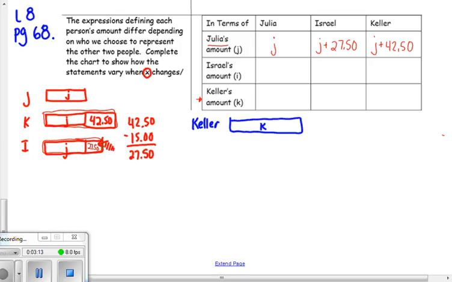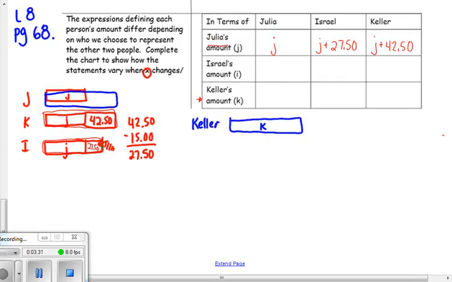Now let's take a look at how Julia compares to Keller. If this is Keller's bar, and we need to describe Julia's bar in terms of that, you can see that it is less. Julia's bar is less than Keller's bar. Well, how much less?